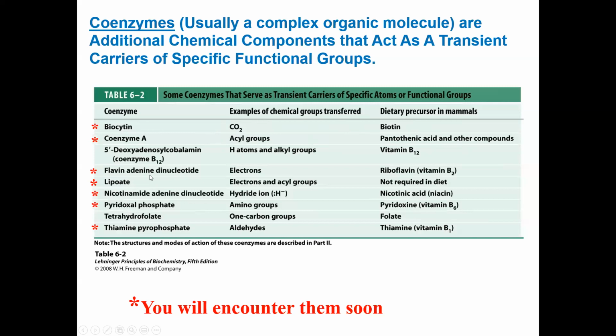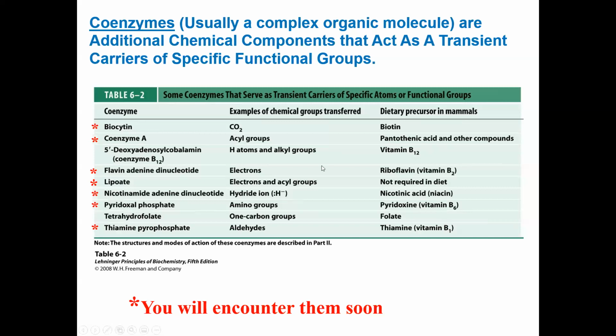FAD, called flavin adenine dinucleotide. This is a redox coenzyme that actually transfers electrons, and it's derived from vitamin B2. Lipoic acid. Lipoic acid is synthesized in our cells and is not considered a vitamin. Okay, so we have a pathway to synthesize lipoic acid.